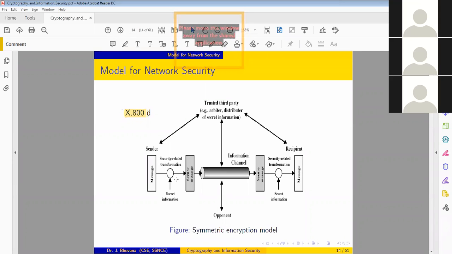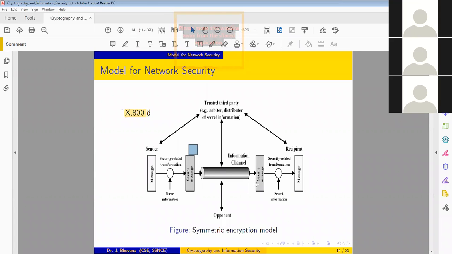This is the transformation to be applied over the message. Now the secured message will be sent to the other end through a communication channel.